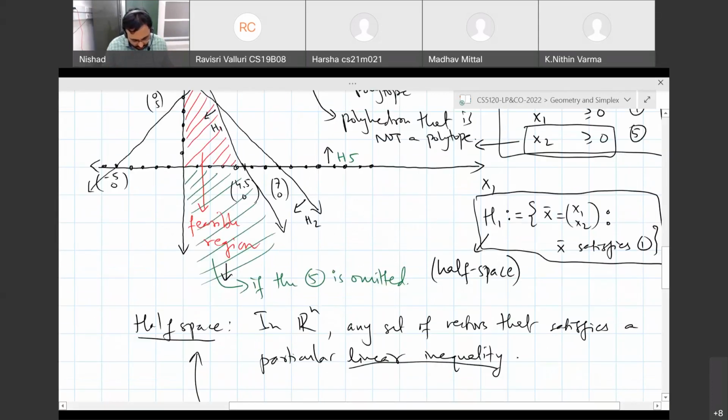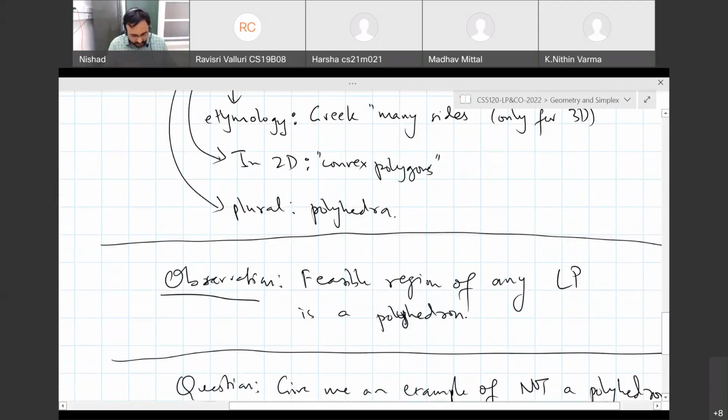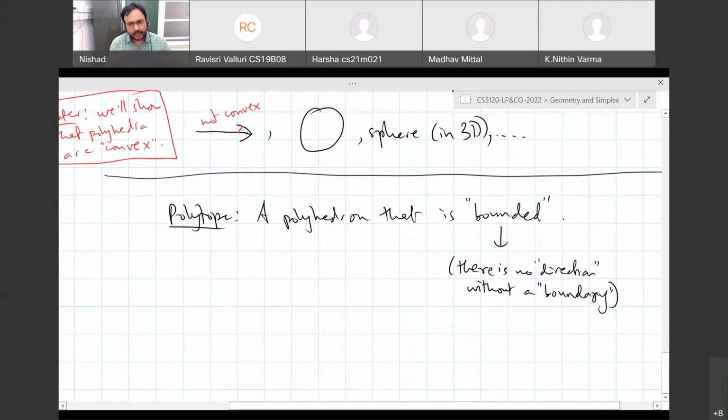Okay. So polytopes have also been studied for a long time. In fact, generally, when people studied polyhedron, they were actually referring to polytopes back in the day. But now polyhedron is used a bit more generally. Okay. So polytope comes from German. That just means many surfaces.